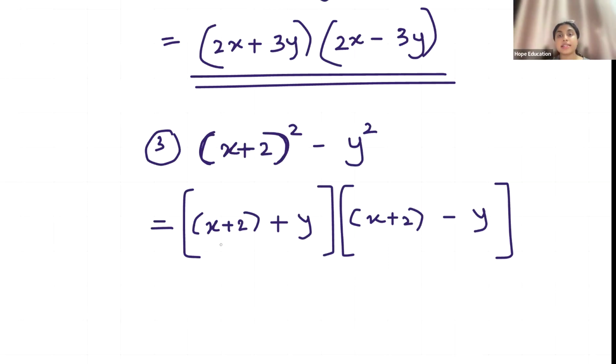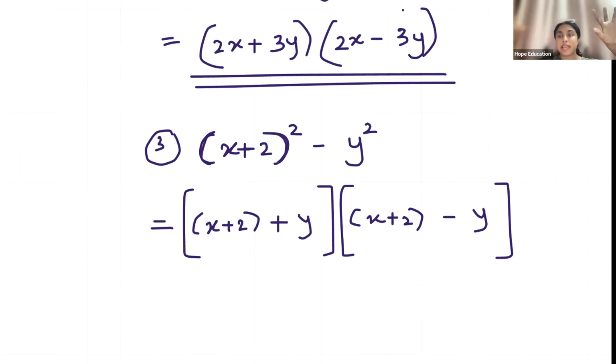It is the square of x plus 2. So I can't change anything inside the bracket because the bracket itself is a square. It means there are two such brackets there. x plus 2 multiplied by x plus 2 is what we call x plus 2 squared, just like y multiplied by y means y squared.